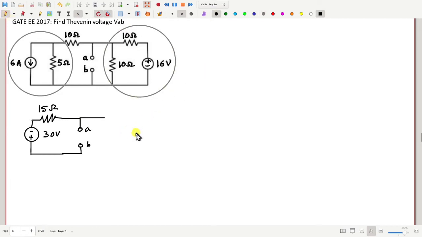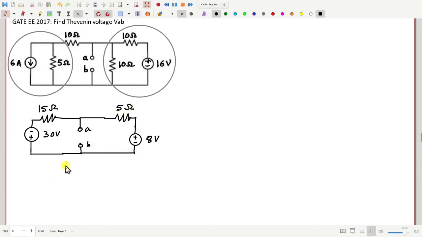So it will be an 8 volt source and 5 ohm resistance. Okay, now it is very easy.